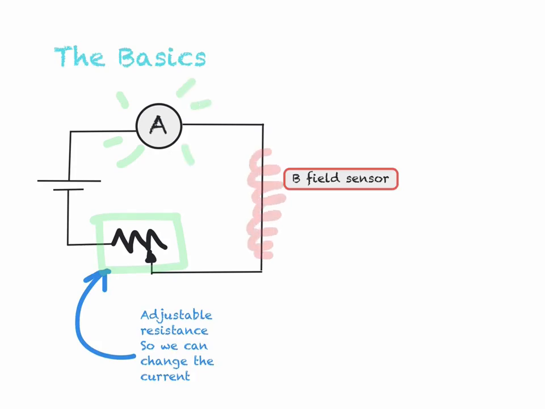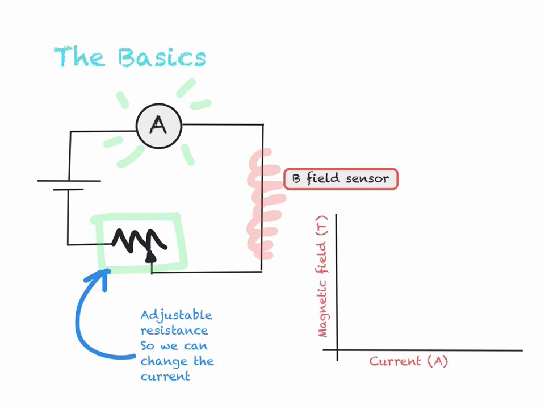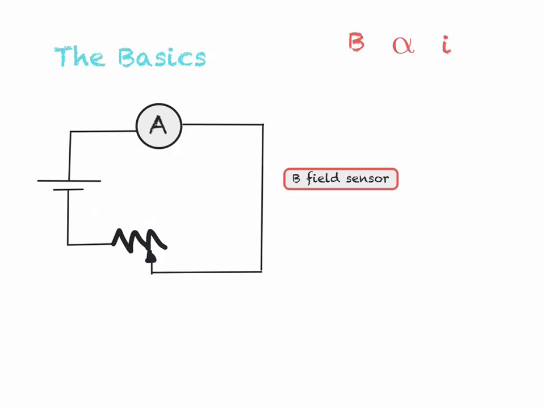And if we collected our data and graphed the magnetic field versus the current, we would find a direct proportion for this constant current. So that means that as the current increases, the magnetic field strength increases, and that makes quite a bit of sense, I think.